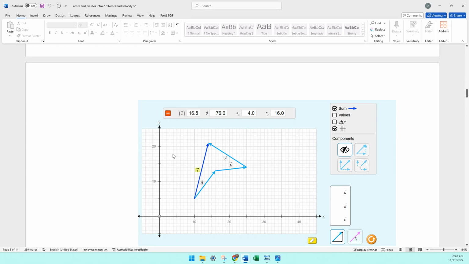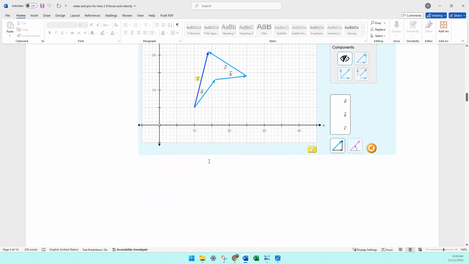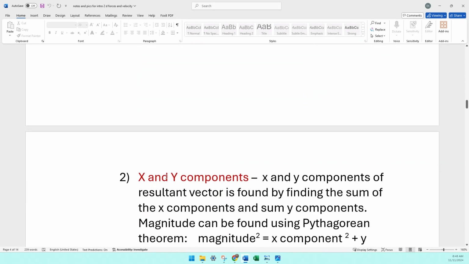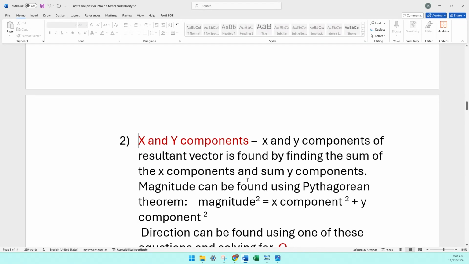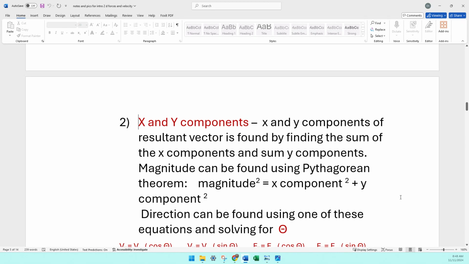This is great graphically and nice if you have some kind of simulation like this. But when you're trying to do it on pencil and paper or figure problems out, I find the x and y component, which is the second method, to be an easier way. It's a little bit more math, but it's more commonly used in physics as I've seen and experienced it.